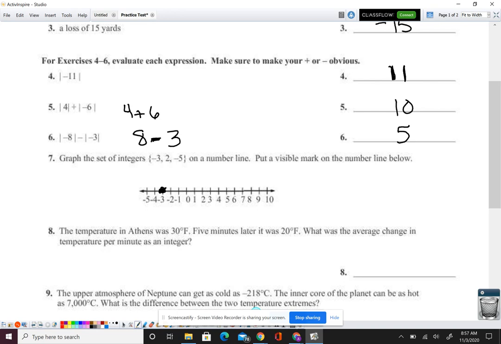A +2. Now I could put the dot right there. And a -5. Questions on that? No? Okay, good.